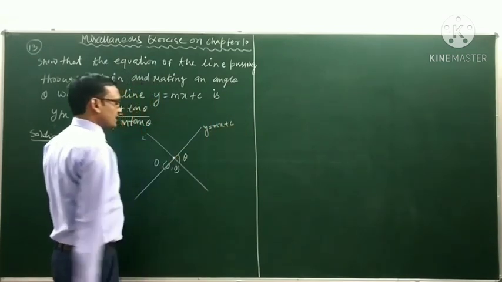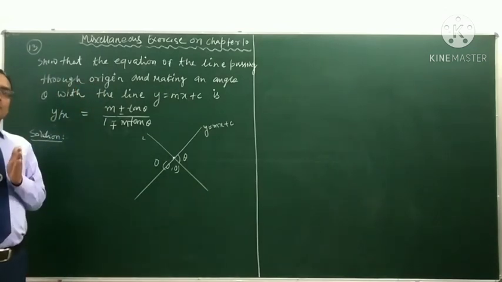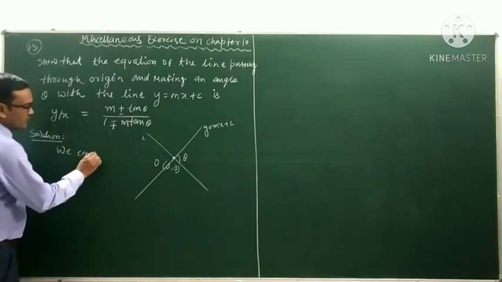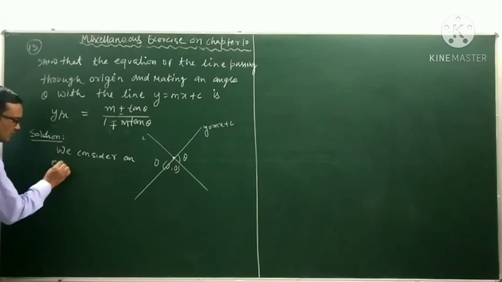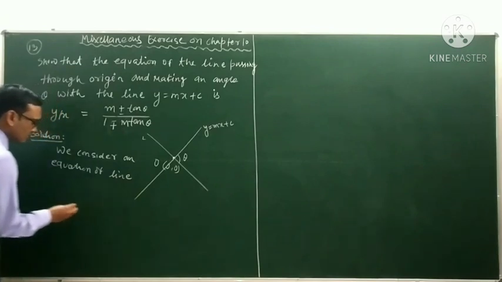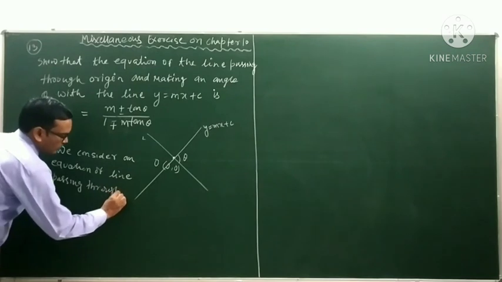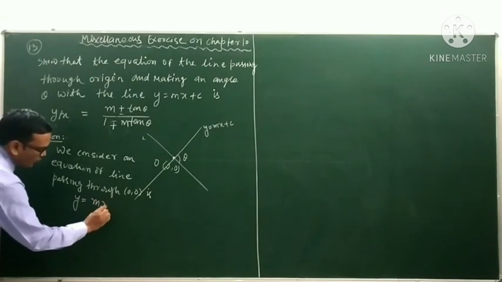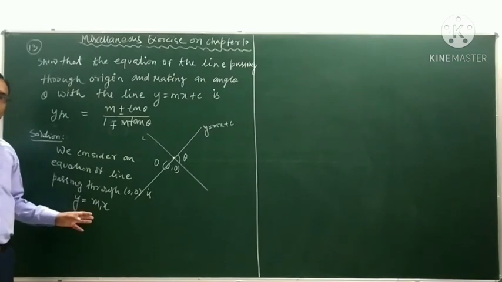Suppose that this angle is theta. For the line passing through the origin, we consider the equation of the line passing through (0, 0) as y equal to m1x. Here c is 0.